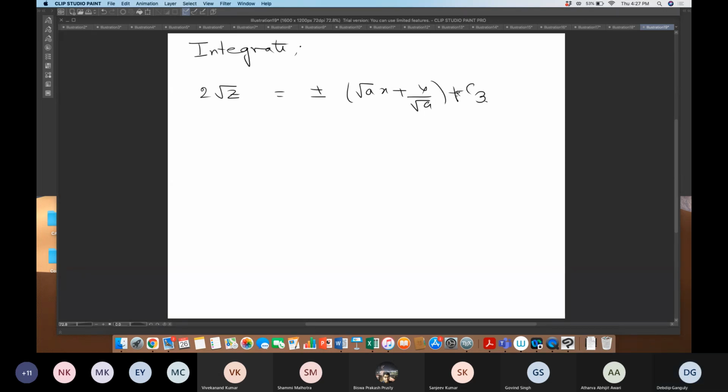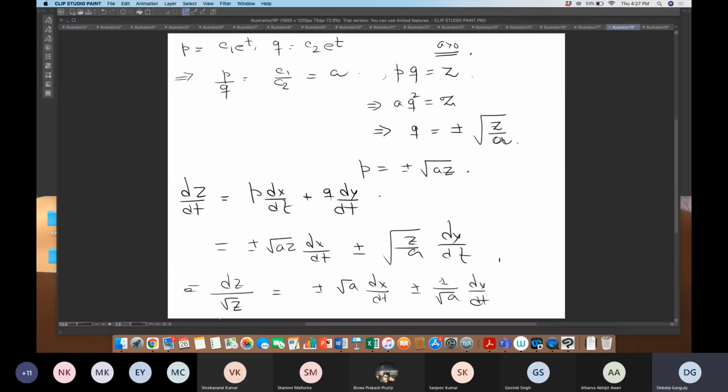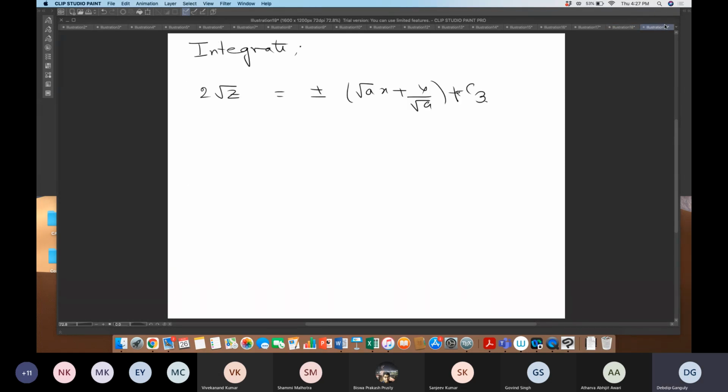Agreed? All of you agreed? It's nothing, this is just a calculation. You just integrate with respect to t, and you end up with this. Now you can say that Z is equal to some C3 square by 4 plus 1 by 4 root AX plus Y root A. You square it and do it carefully, that is C3 square you will get.